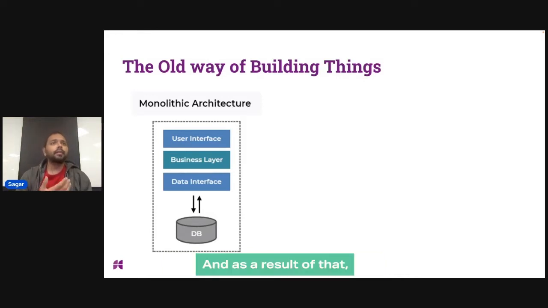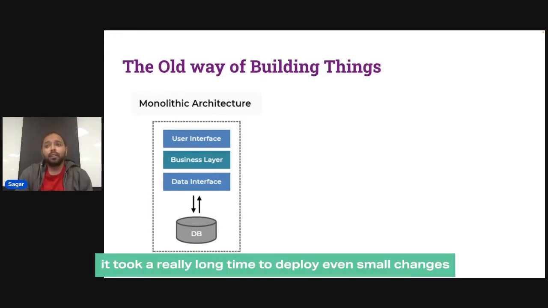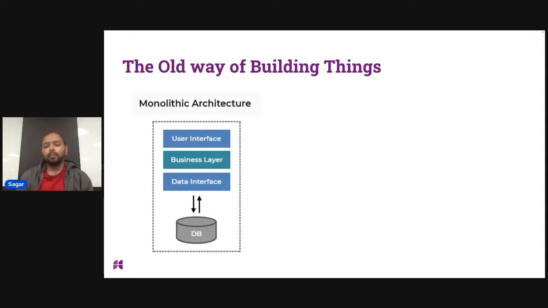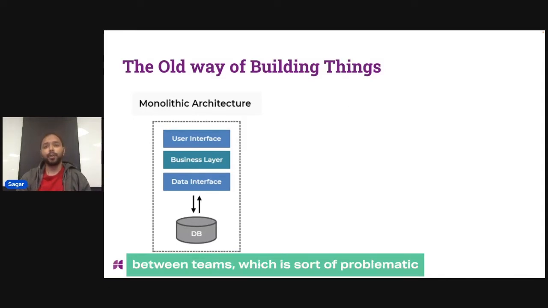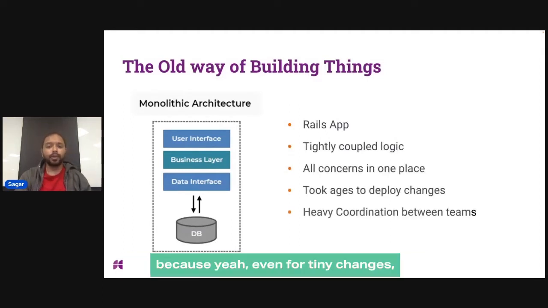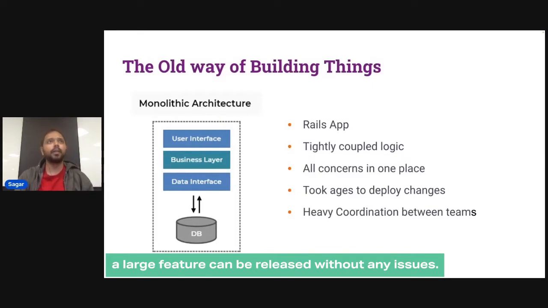As a result, it took a really long time to deploy even small changes, because you would have this massive test suite, and it would take a long time to build for any change. Another aspect of having a huge monolith is that you need heavy coordination between teams. You have to coordinate your deploys in a way so that a large feature can be released without any issues.